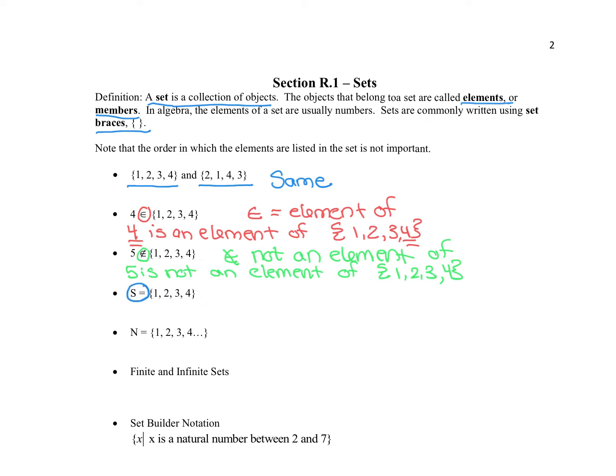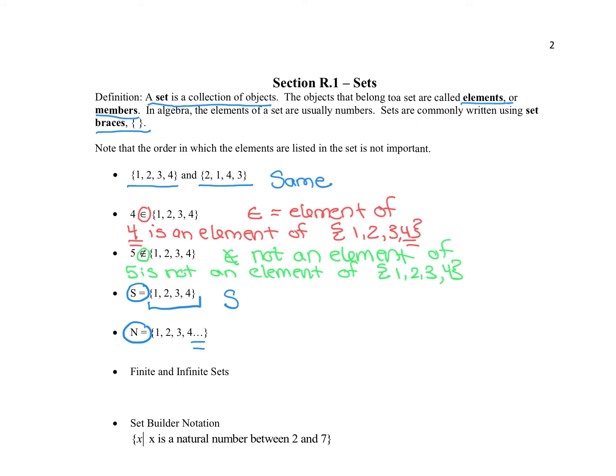This is us naming the set. So we're calling the set 1, 2, 3, 4 the name S, just like you all were given a name. N is what this set is called, and you'll see that it has the dot, dot, dot.